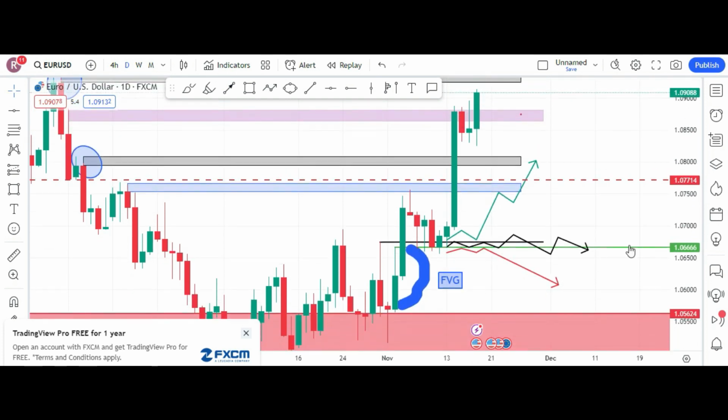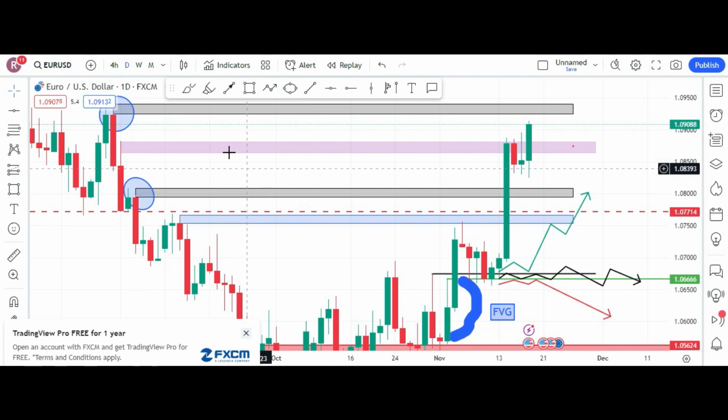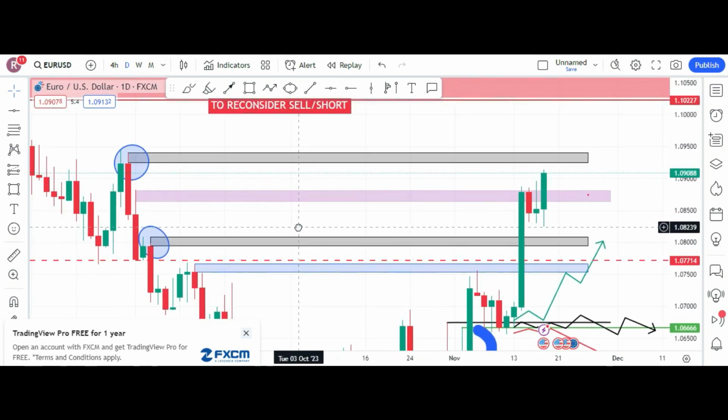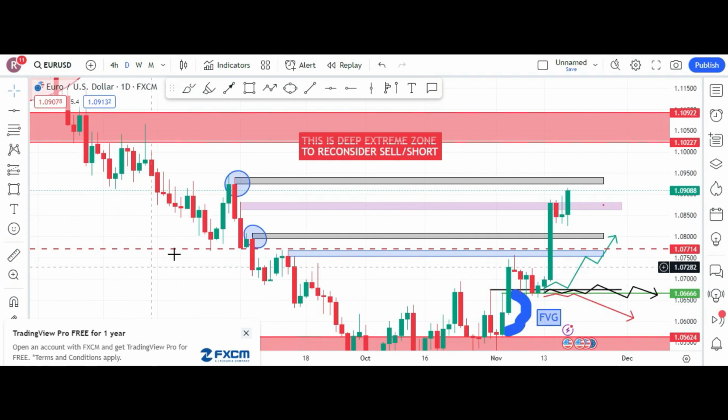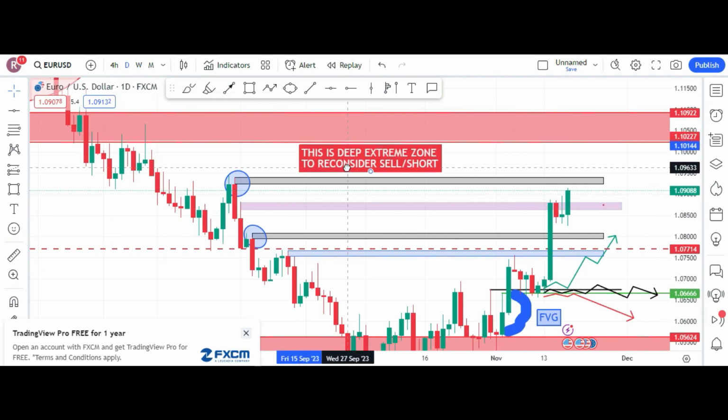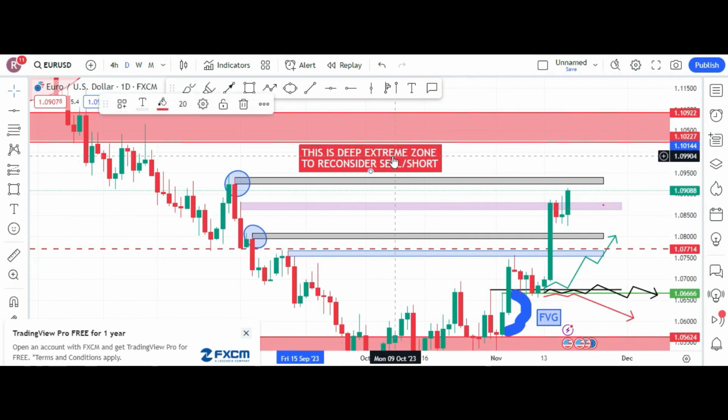However, it moved to this level, which I marked already in my previous video, and I declared this region a deep extreme zone to consider a sell or short.